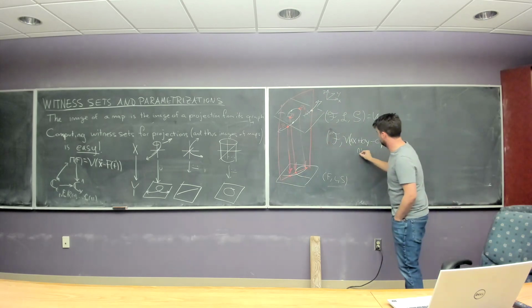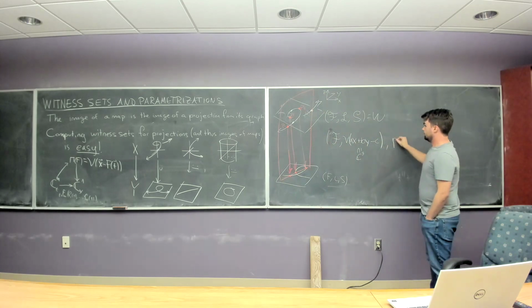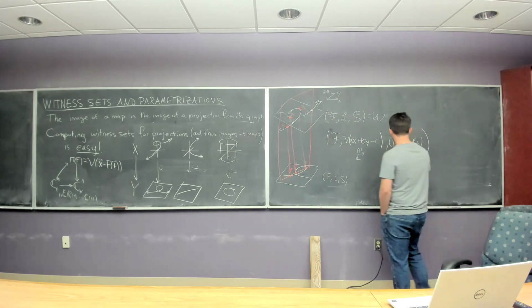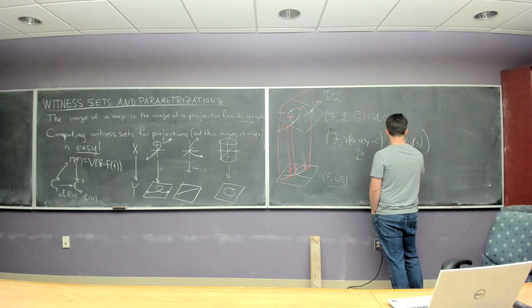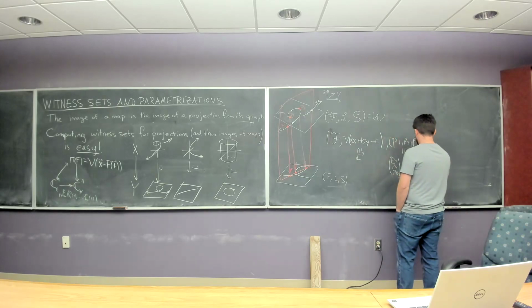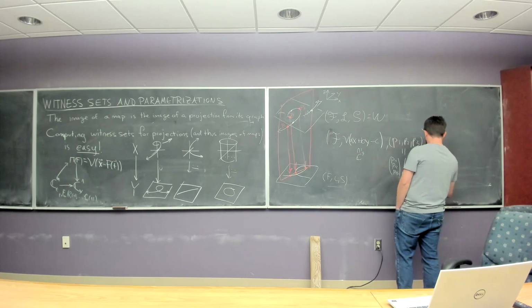So this really is in C, and then P1, P2, and P3, which of course each look like P11, P12, P13, P21, P22, P23, P31, P32, P33.